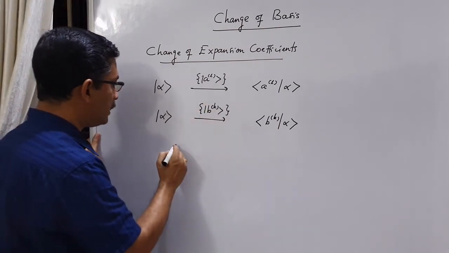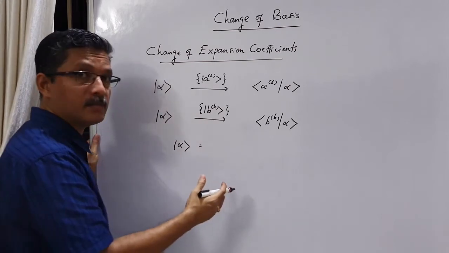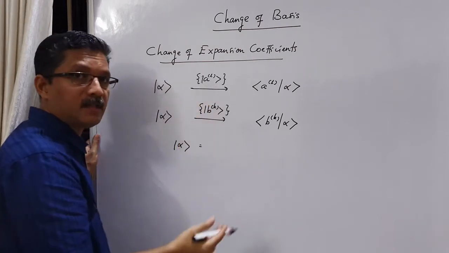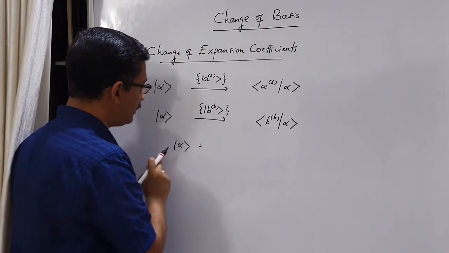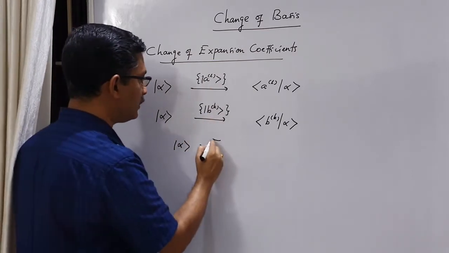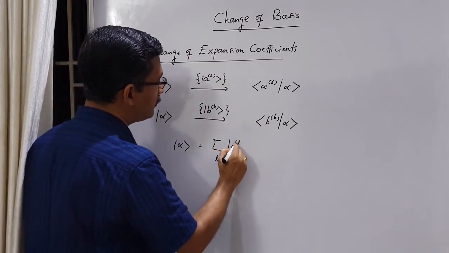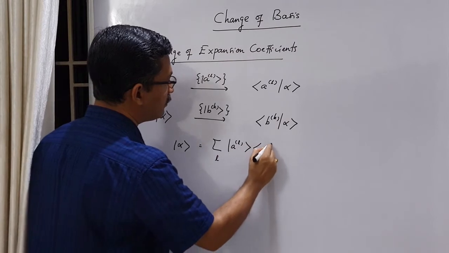For this, let us start with this ket alpha. First, let us expand in terms of the old basis Al. For that we can introduce an identity here and use the completeness condition of the old basis. So we get sum over Al, ket Al, bra vector Al.